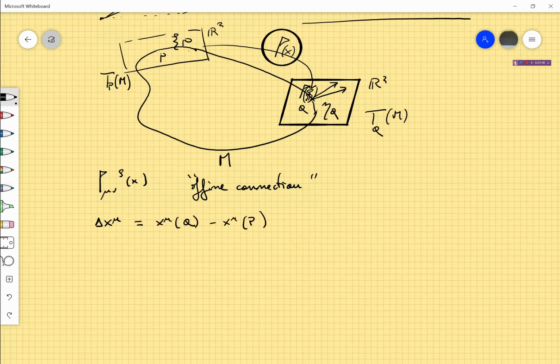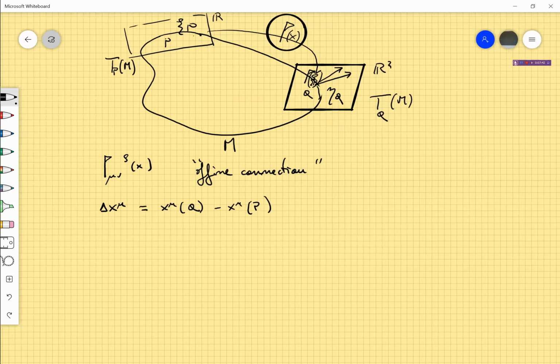Okay, then what I do is to define this parallel transported gamma of psi p. Well, it's a vector. Let me write the index for the components.